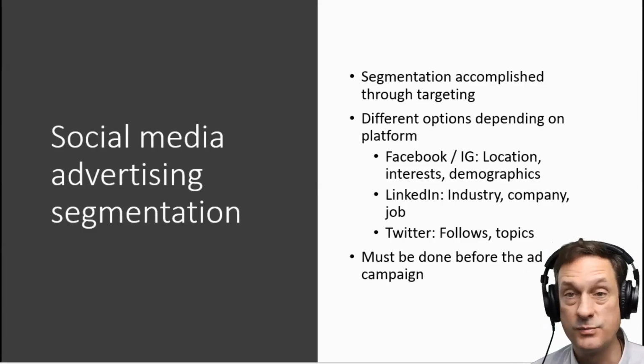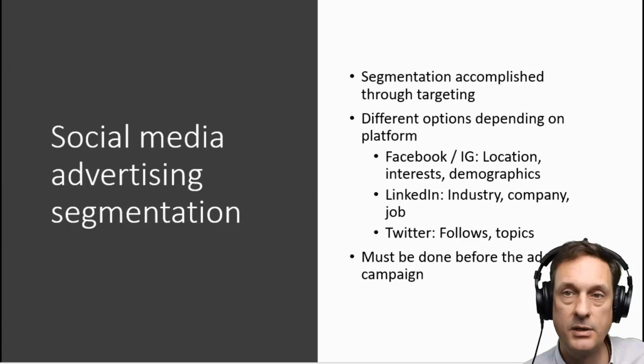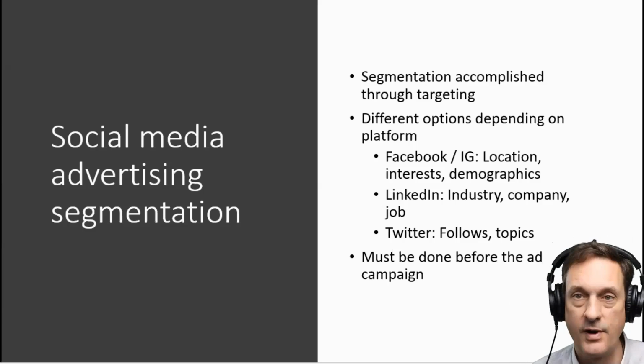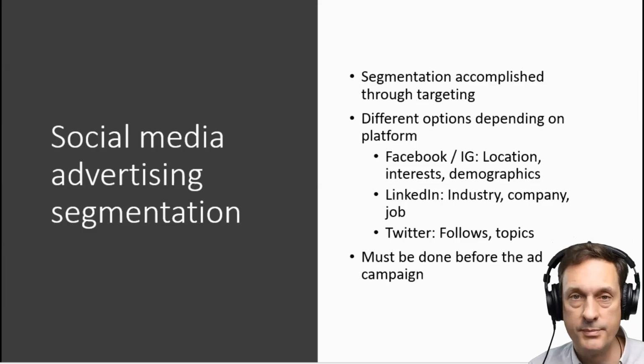Facebook also offers location targeting, which is brilliant, especially in a larger country like Malaysia. I think even in Singapore now, you can do micro-targeting, where you can target particular areas.